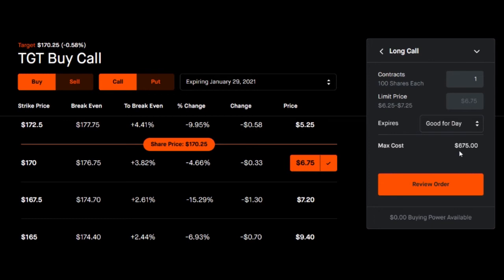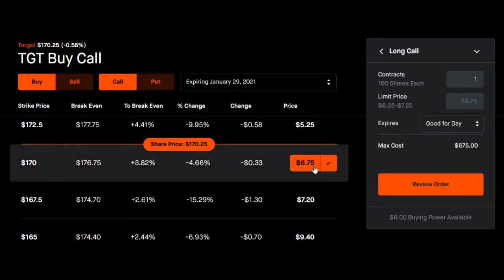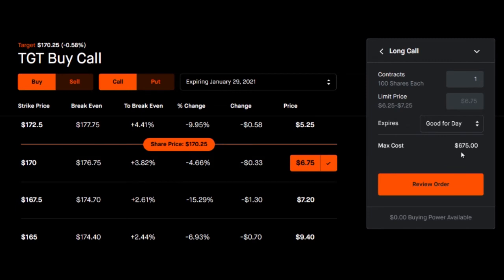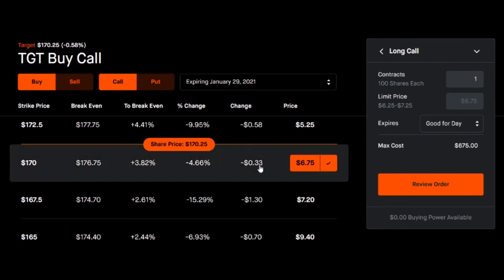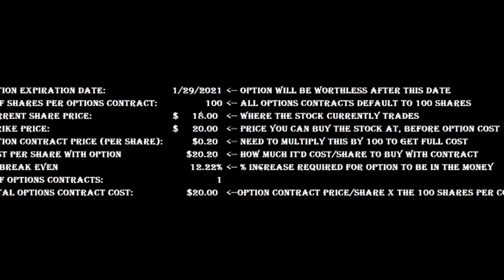So it's not charging us $6.75 because this is per share, and contracts have 100 shares each, as we've already talked about. So again, your total cost is always going to be your per share amount multiplied by 100, and that's only going to be different if you increase the number of contracts that you would like to purchase. Okay, so let's just plug these numbers in and go back over to Excel here.